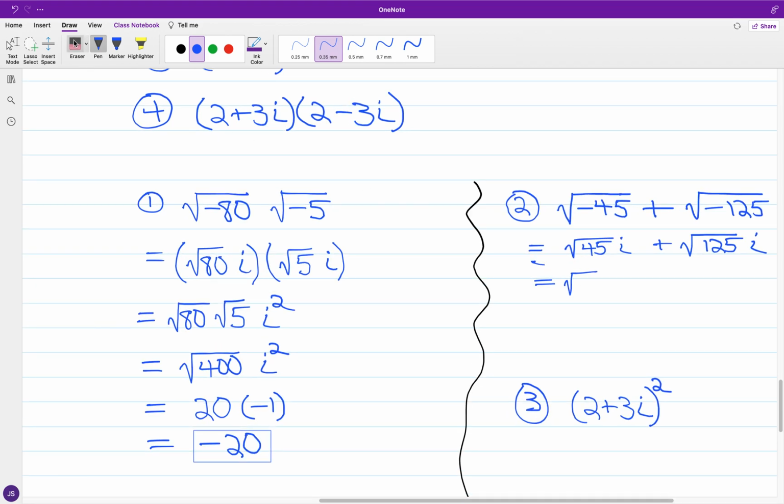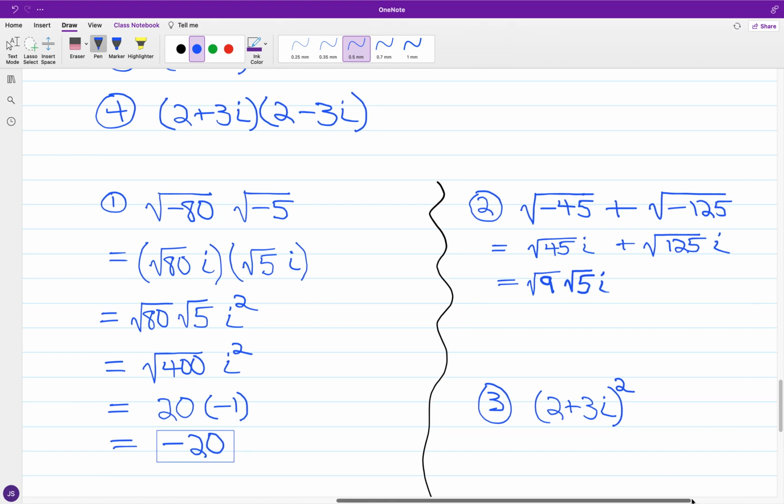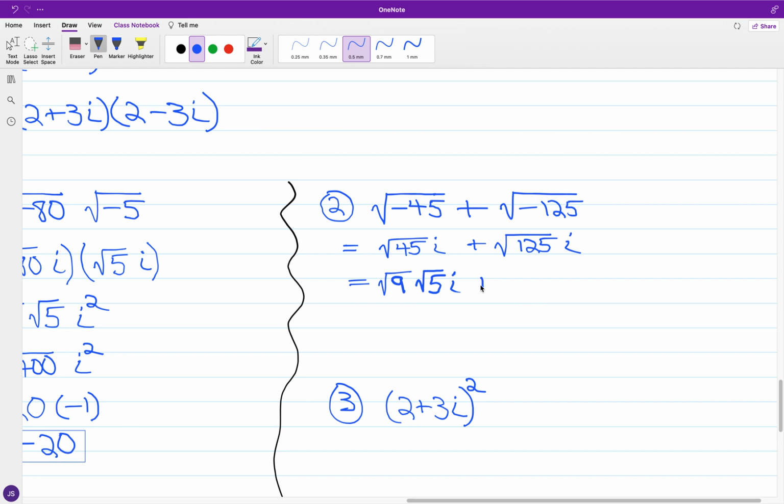So for the square root of 45i, we have the square root of 9 times the square root of 5 times i. And for the square root of 125, the highest perfect square that will go into 125 is going to be 25. And 25 will go into 125 5 times.